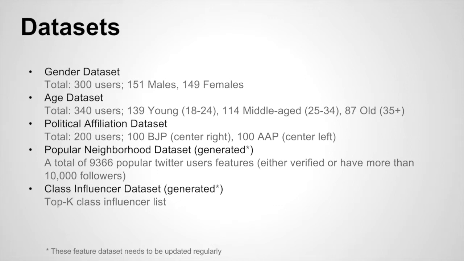While the age dataset was not that straightforward to create, we created this dataset using a mix of many approaches. We asked random people to fill a survey where we asked for some information with their age and Twitter ID.